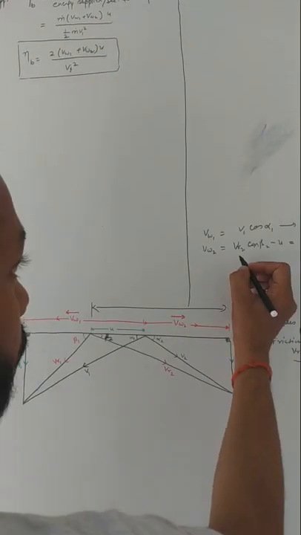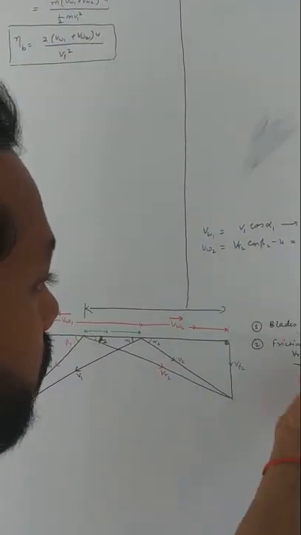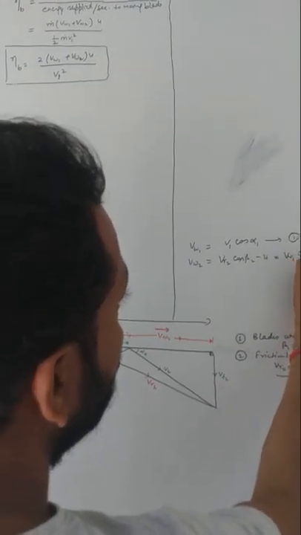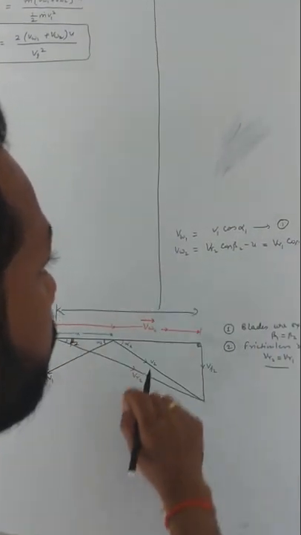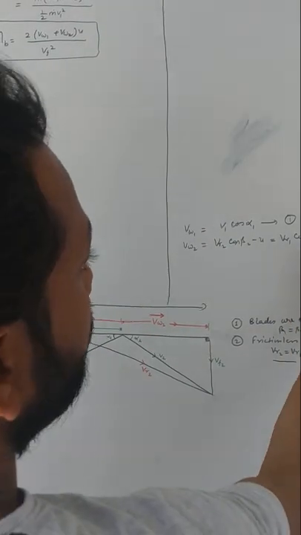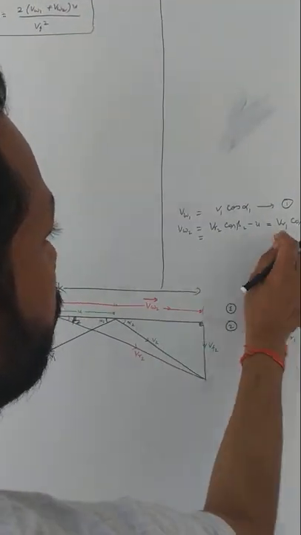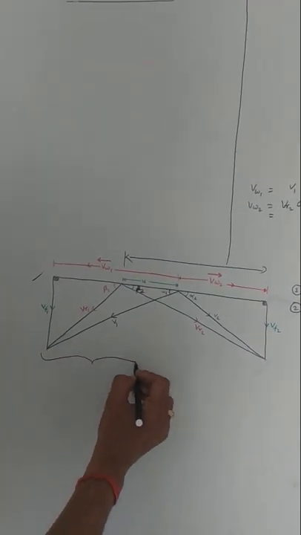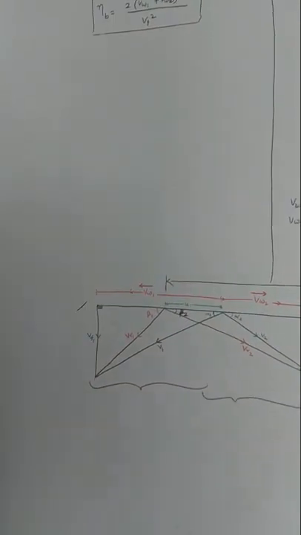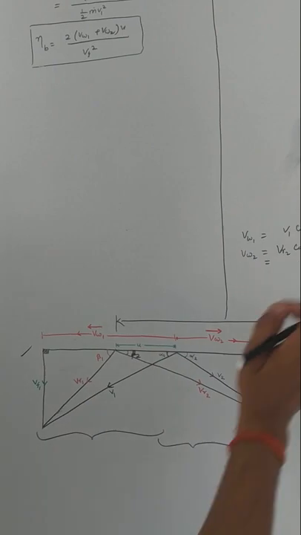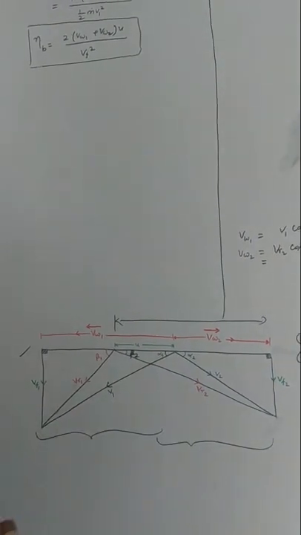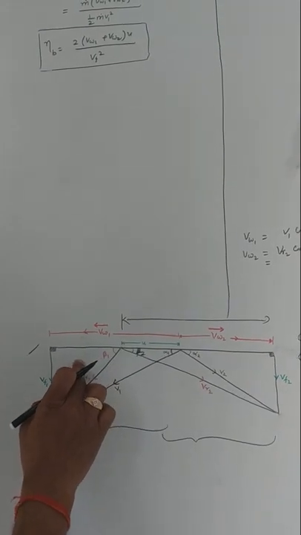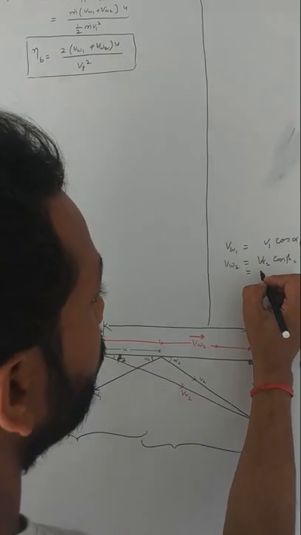So Vr2 cos beta 2. Vr2 is written as Vr1, and cos beta 2 is written as cos beta 1, minus u. Now Vr1 cos beta 1. From the inlet velocity triangle, this is the inlet velocity triangle, this is the outlet velocity triangle, Vr1 cos beta 1 is equal to Vw1 minus u.